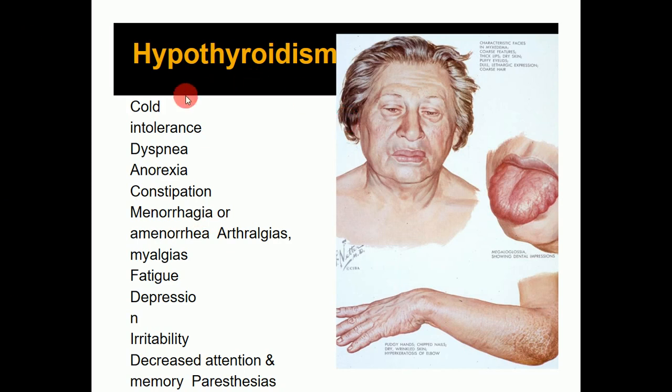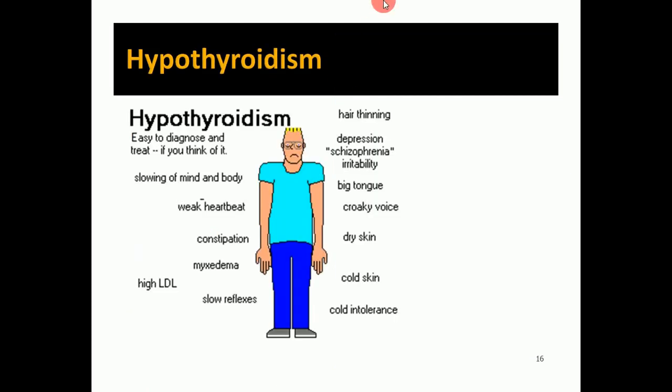There may be cold intolerance, dyspnea, difficulty in breathing, anorexia, loss of appetite, and constipation, meaning the stool becomes hard. There may also be menorrhagia or amenorrhea, abnormal menses, arthralgia and myalgia, pain in the joints and muscles, fatigue, depression, irritability, decreased attention and memory, paresthesias, and memory lapses. This is hypothyroidism, and there is high LDL. These are the different effects given here.